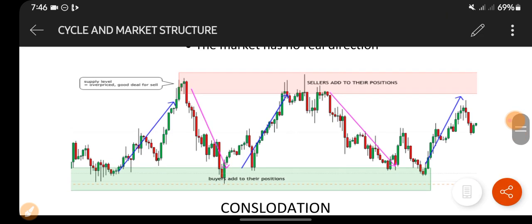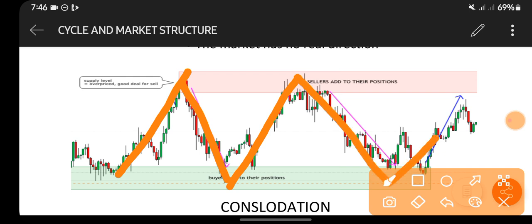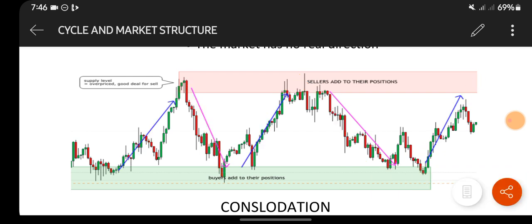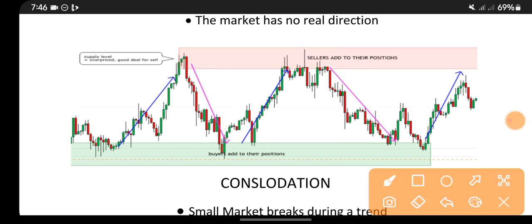So the price just comes, taps here, comes back. It's like the price has no specific direction. It is just in the middle, not really going anywhere. The market is just going upwards, then comes down to exactly where the demand was.